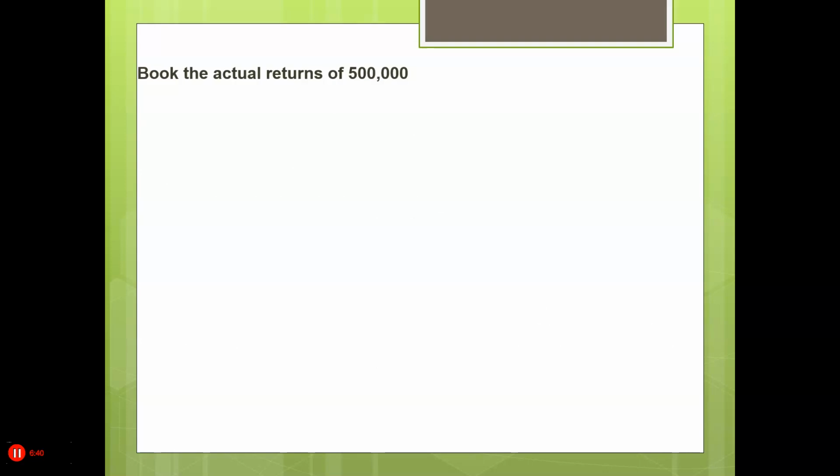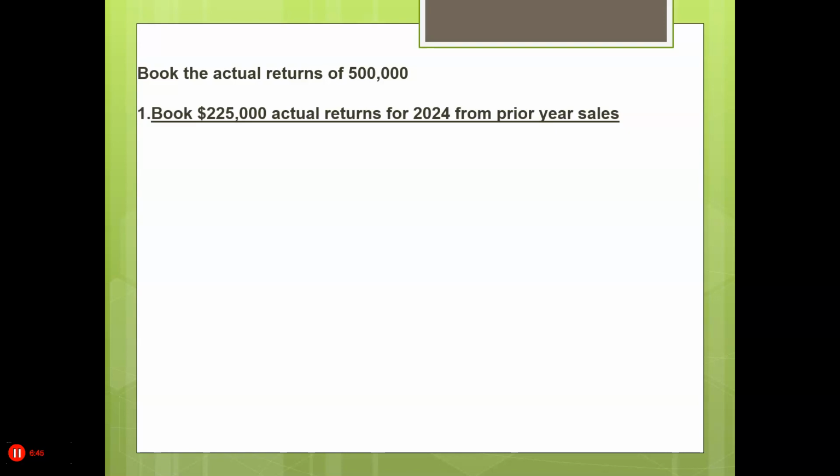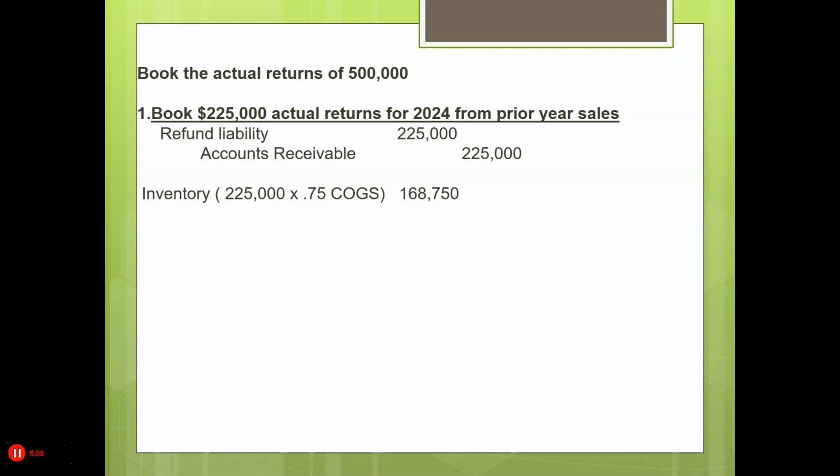So we have to book the actual returns of $500,000. Well, we know $225,000 should go against the reserve, the refund liability account. But we also have to make sure we do the cost of goods sold, because we have to take that out too.